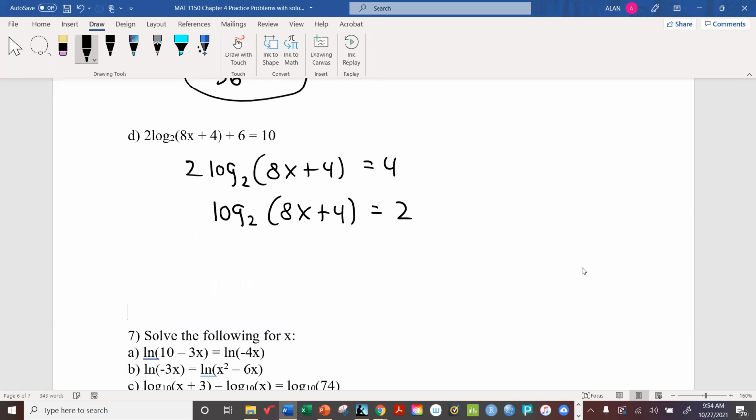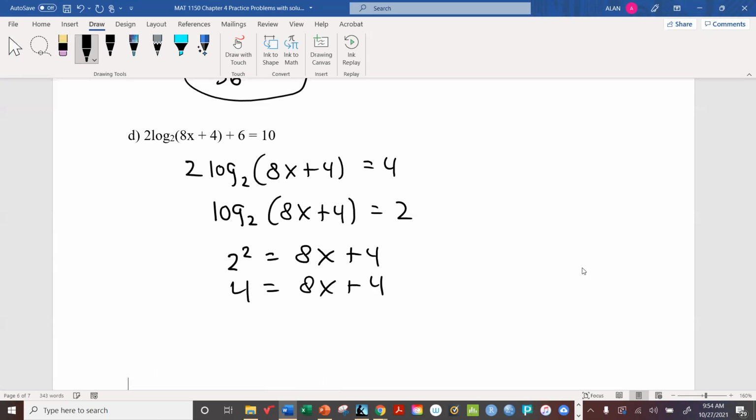And then this implies that 2 squared, or 2 raised to the 2nd power, equals 8x plus 4. And then this just means that 4 equals 8x plus 4. And then 0 equals 8x. And then x is 0.